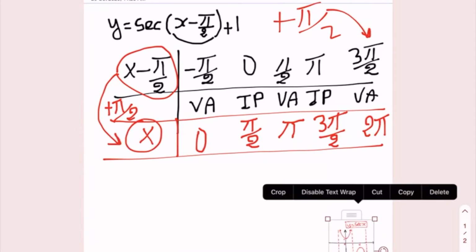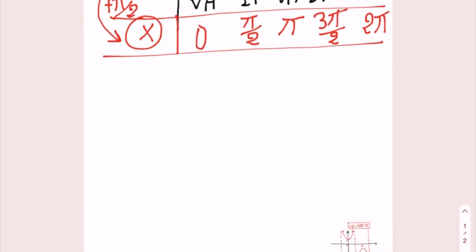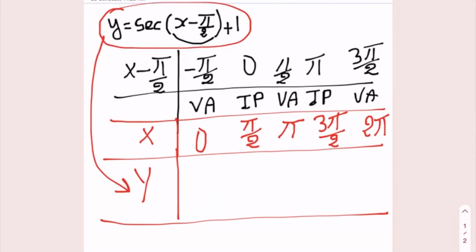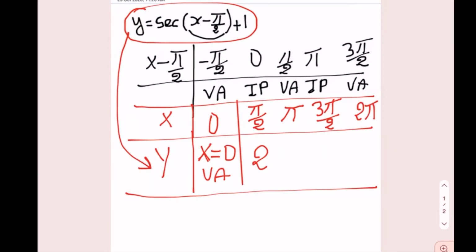Now we just need to find the values of y for the function we want to graph. At 0 we have a vertical asymptote. And at pi over 2, we just calculate: secant of 0 plus 1 is 2. I explain here: secant of x minus pi over 2, plus 1.